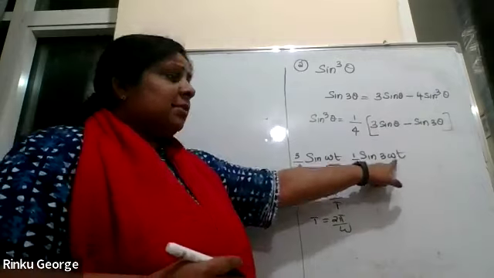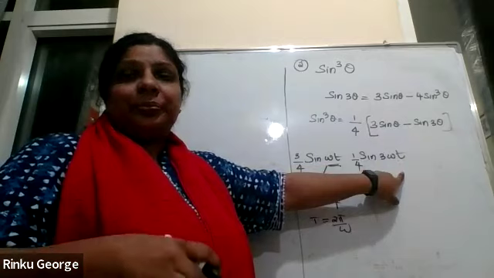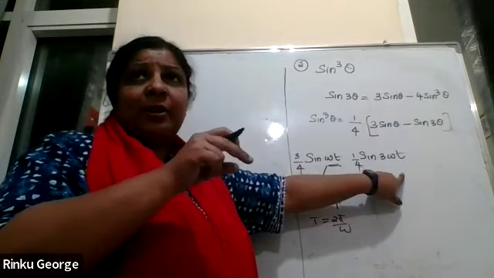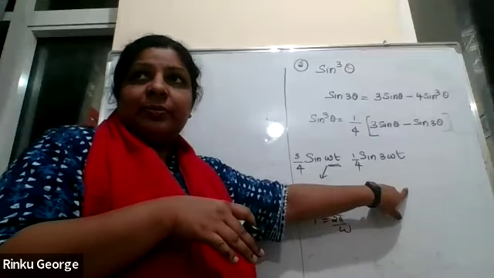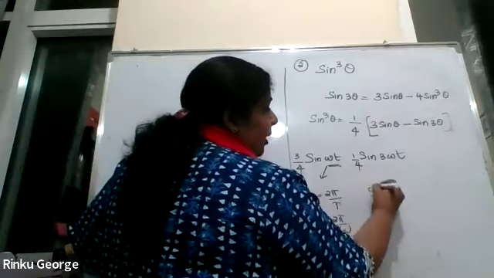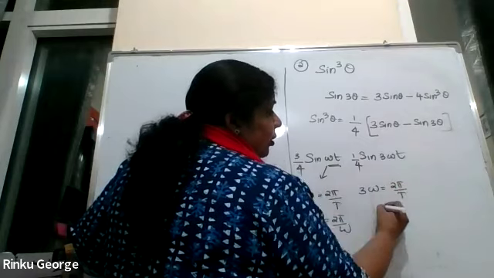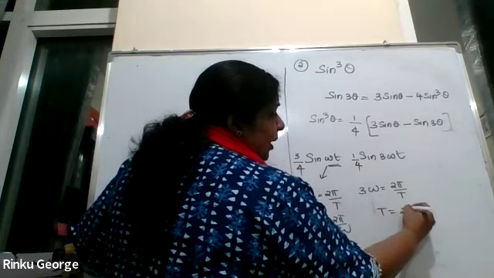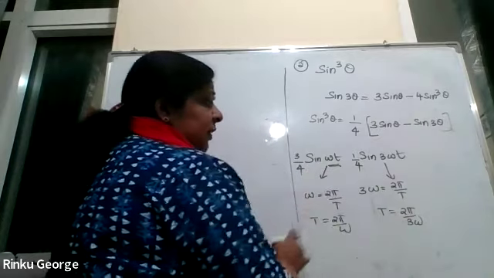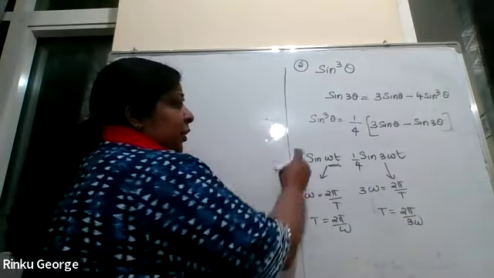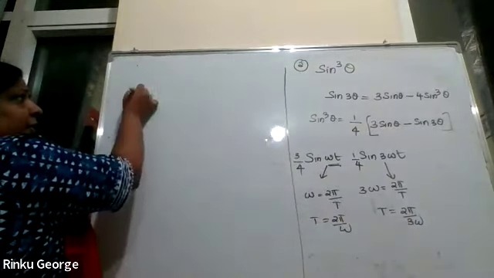Can you tell me, for sin 3 omega t, what will be the time period? 2 pi by 3 omega. Basically, it is 2 pi by omega; if it is 3 omega, then 2 pi by 3 omega. Understood? So the time period of this one is this and the time period of that one is that. I'll write it here.